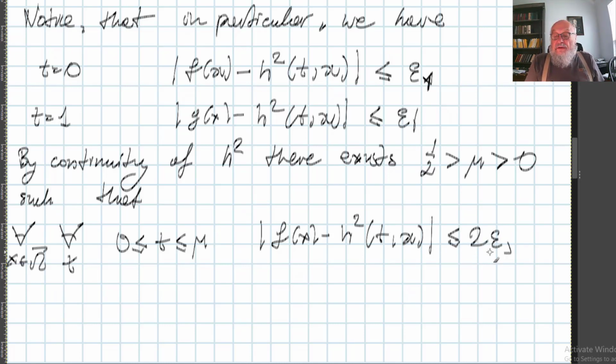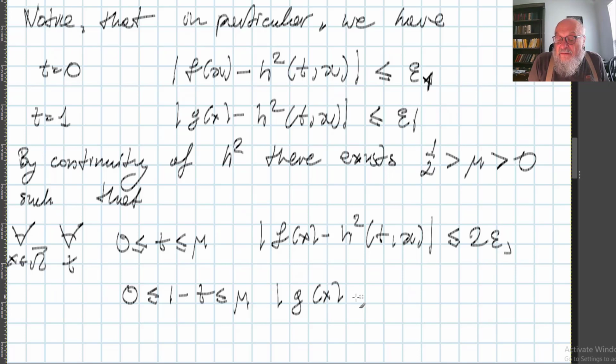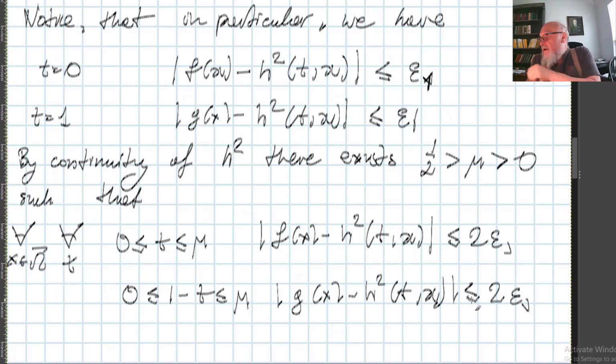2 epsilon. So that means if it's satisfied, just by continuity, you can find mu sufficiently small so that this will be satisfied, and 0 smaller or equal 1 minus t smaller or equal to mu will give me |g(x) − h2(t,x)| smaller or equal to 2 epsilon 1 as well.